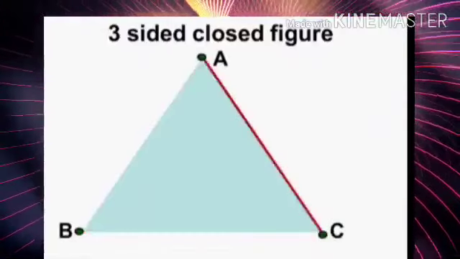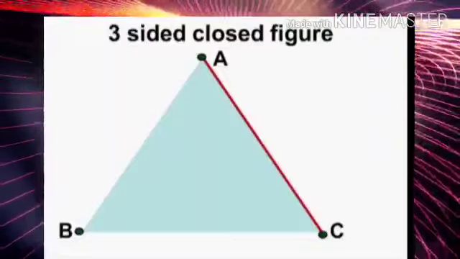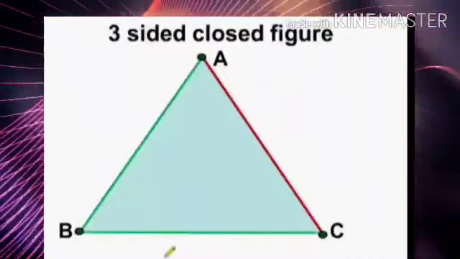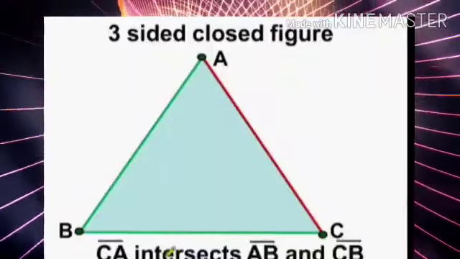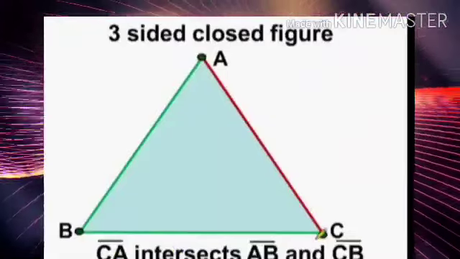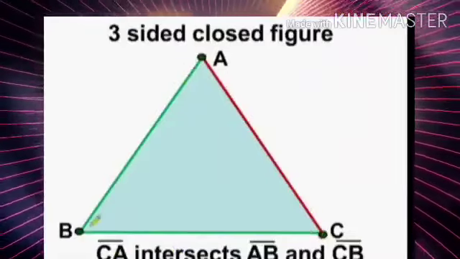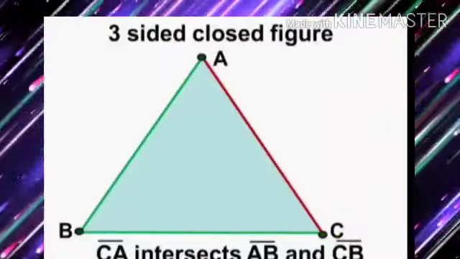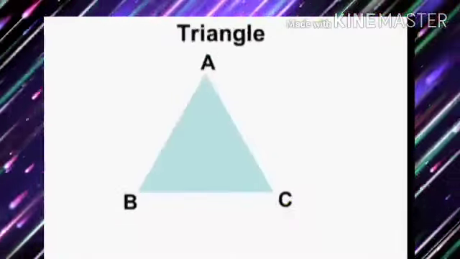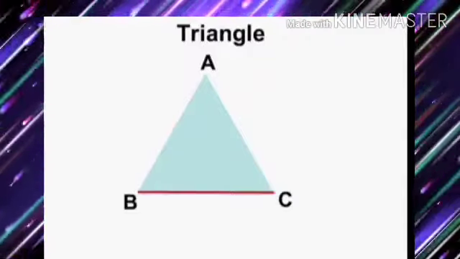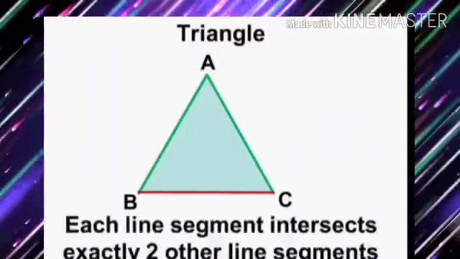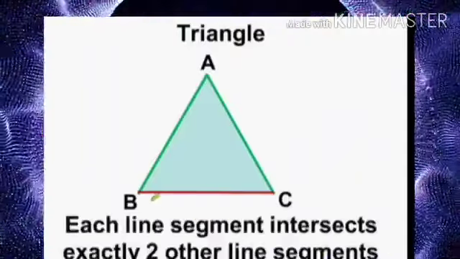Now the line segment AC intersects the other 2 line segments, named AB and BC. So CA intersects AB and CB. So have you noticed one thing, that in a triangle each line segment intersects exactly 2 other line segments, like BC is intersecting AB and AC.